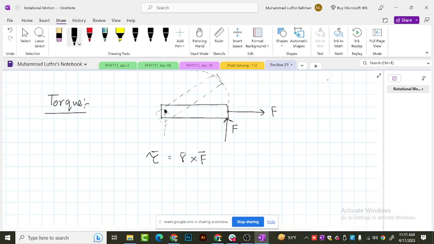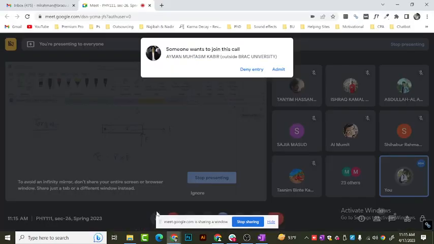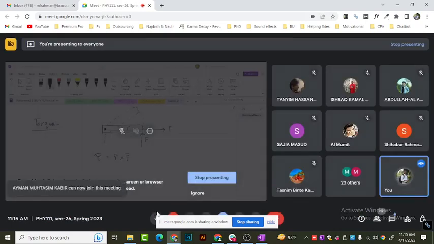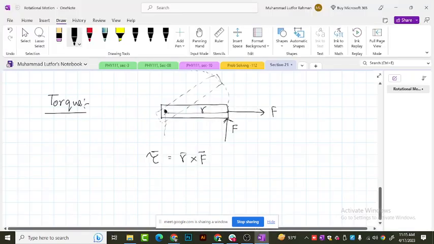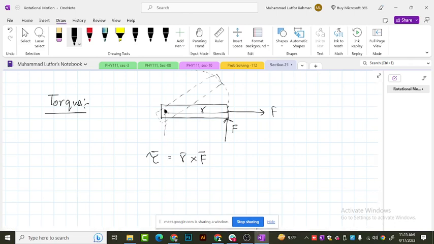Fine. Now, what is r? r is the position of where you are applying the force from your rotational axis. And remember, since force is a vector, this is a cross product.